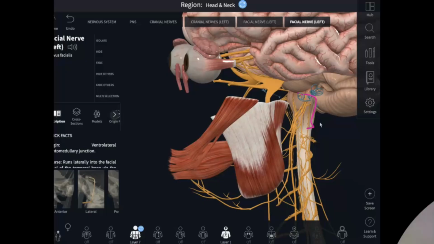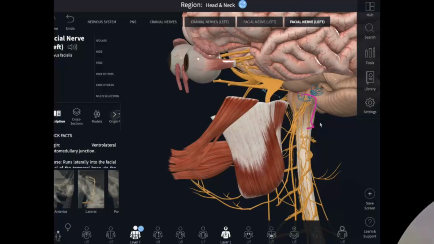So for the nerve pathway for this, the nerve sends a signal to the facial motor nucleus in the pons, and then the facial nerve gets its signal, and then it sends a signal to the branches, so the zygomatic and then the buccal branches, and then that sends the signal to the muscle to contract.